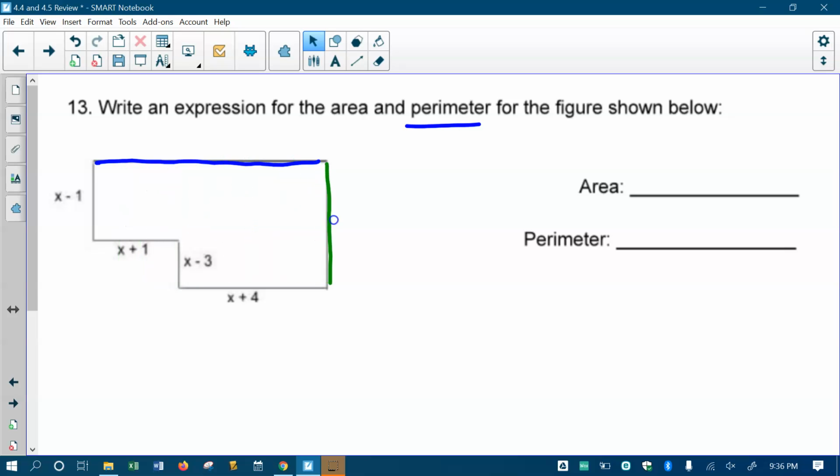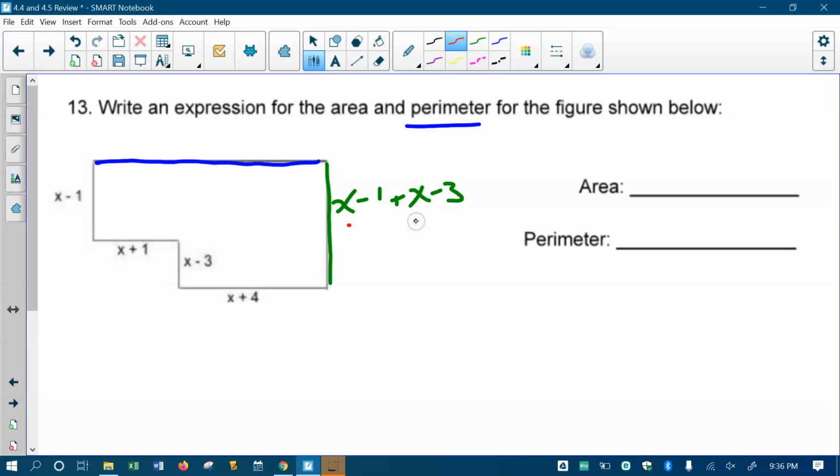So this green line is going to be, as we said before, x minus 1 plus x minus 3. If I combine like terms here, I get 2 x's, and I get minus 1 and minus 3, which is minus 4 total. So the green line is 2x minus 4 total. Now the blue line is going to be a few things.